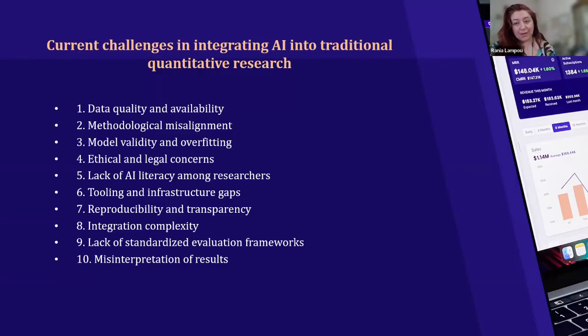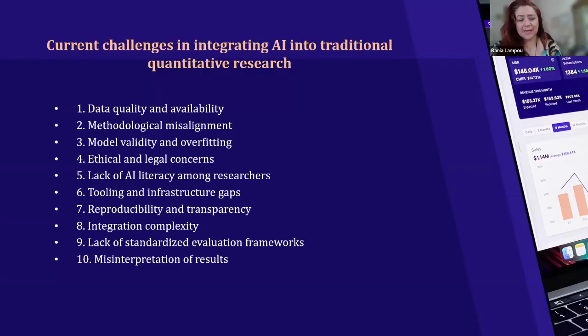AI models show high accuracy, definitely, but they have poor generalizability if they are overfitted. Traditional research emphasizes external validity, requiring models to perform well across populations, which AI sometimes lacks. Data privacy and consent are major issues. Algorithmic bias can inadvertently reinforce inequality, raising research ethics concerns.